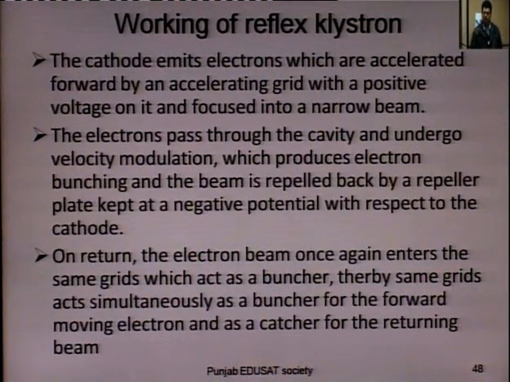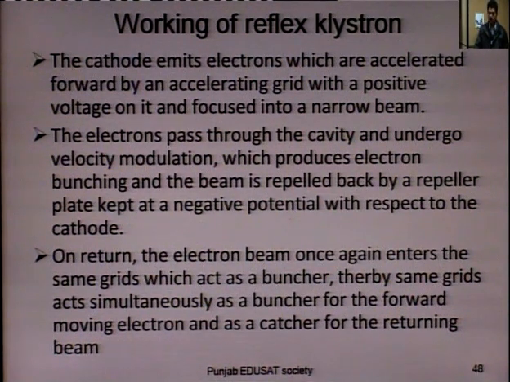How it works, I have already told you. When the electrons are emitted during positive voltage, these electrons are accelerated. They go deep into the transition drift space region and return back, whereas the electrons that appear during negative potentials will immediately return back. On return, the electron beam once again enters the same grid, which acts as a buncher, and thereby the same grid acts simultaneously as a buncher for the forward-moving electrons and a catcher for the returning beam.